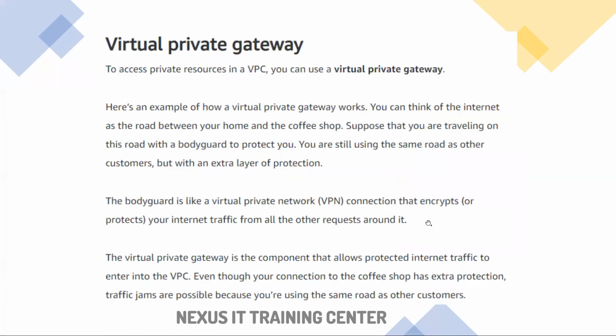So, kailangan gateway. Merong virtual private gateway. To access private resources, kailangan mo ng virtual gateway. Okay? So, VPN is one example. VPN is connectivity between your office to AWS. Okay? Mag-establish ka ng VPN. So, you can connect to the AWS.